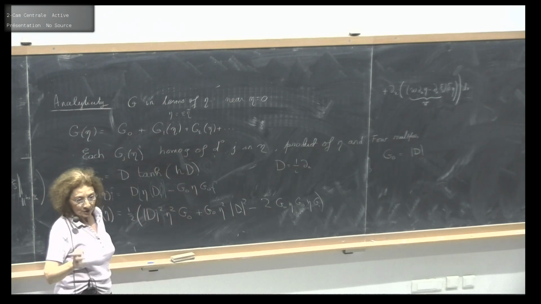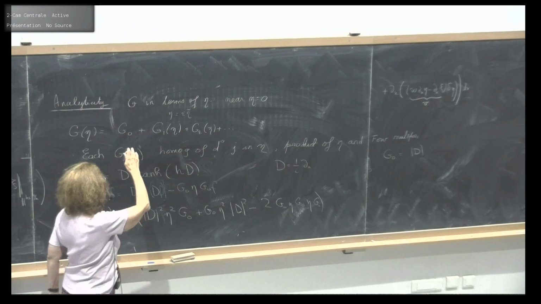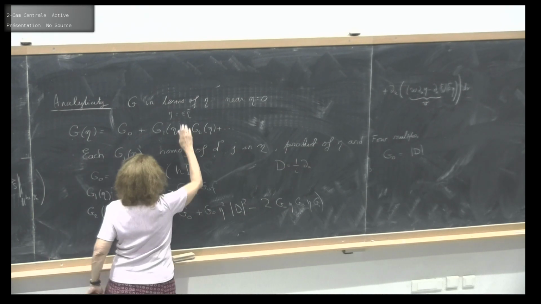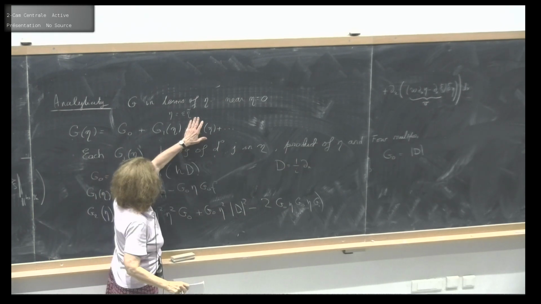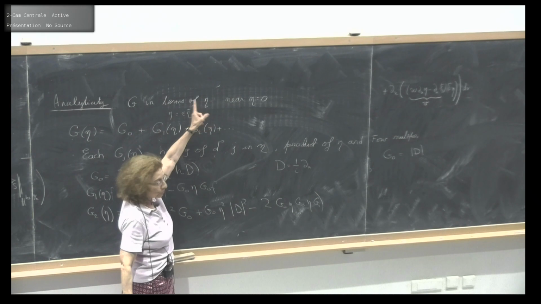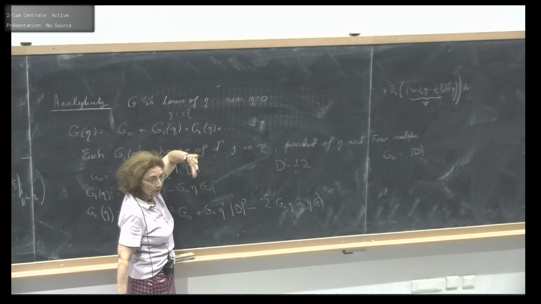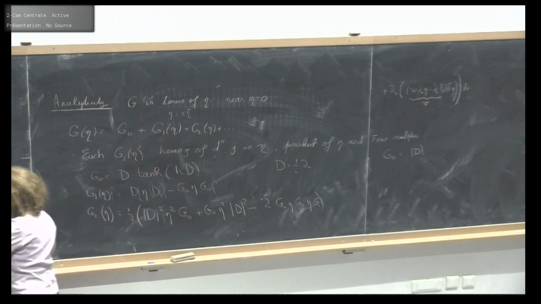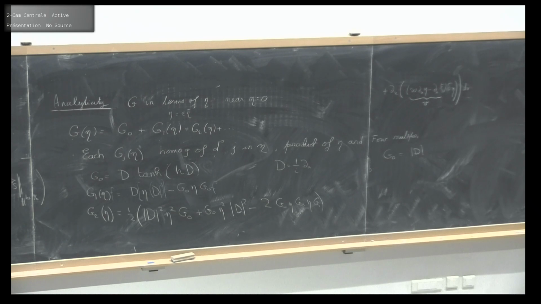And in fact, we will use that. We will use this expansion of the Dirichlet-Neumann operator in powers of epsilon, near epsilon equals 0, so near small amplitude, to include it into the Hamiltonian. That will give us the expansion of the Hamiltonian.